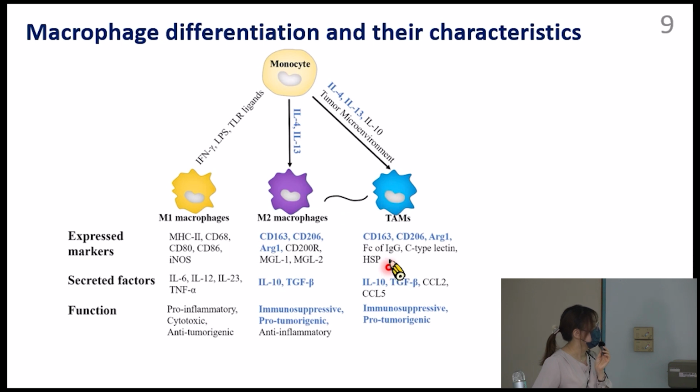They also express CD206, arginase 1, and these immunosuppressive cytokines. So their functions are very similar, and this kind of macrophage can suppress immune response. So this phenomenon is not very good for our immune system to kill the tumor.